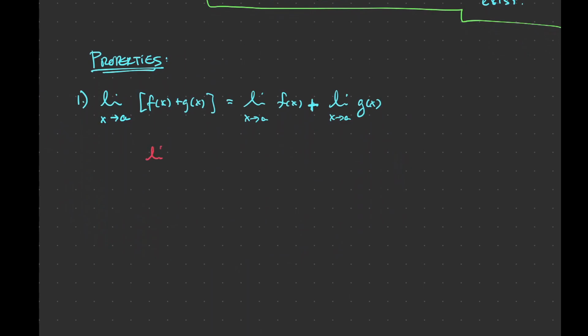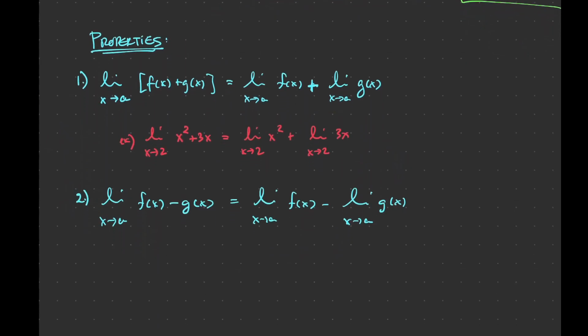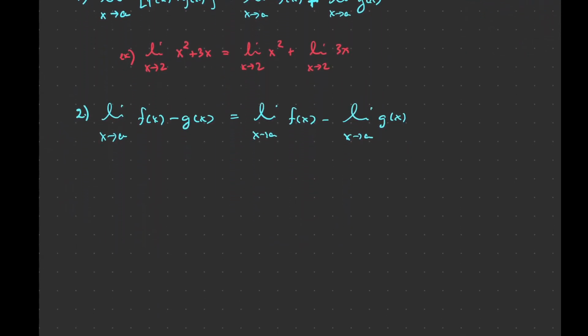So this means, like the limit as x approaches 2 of x squared plus 3x, we could say that this is the limit as x approaches 2 of x squared plus the limit as x approaches 2 of 3x. Okay. Same is true for subtraction, so no need to really explain that much further.